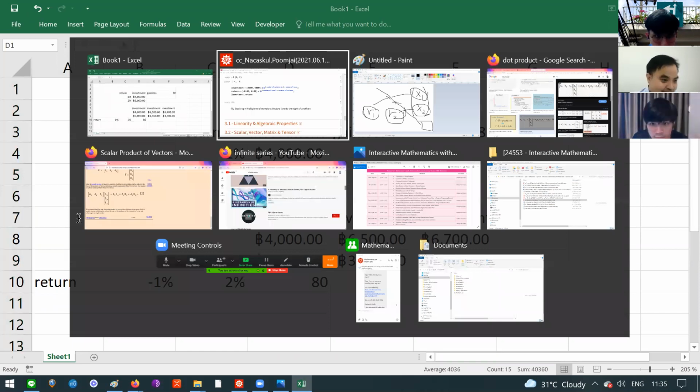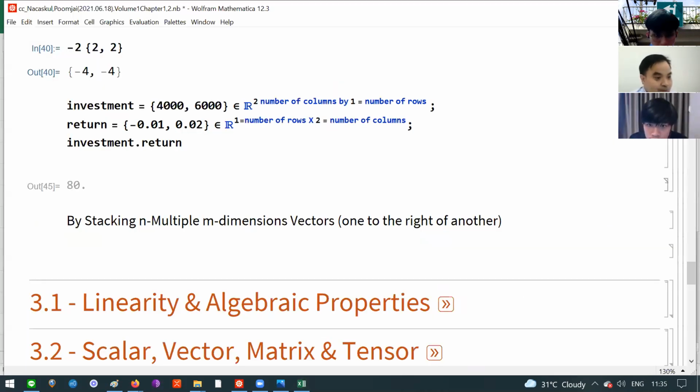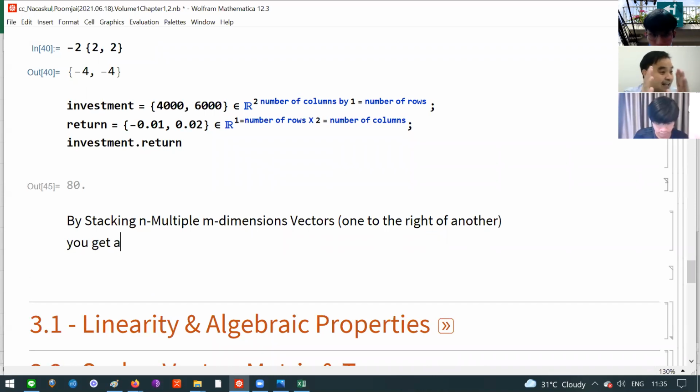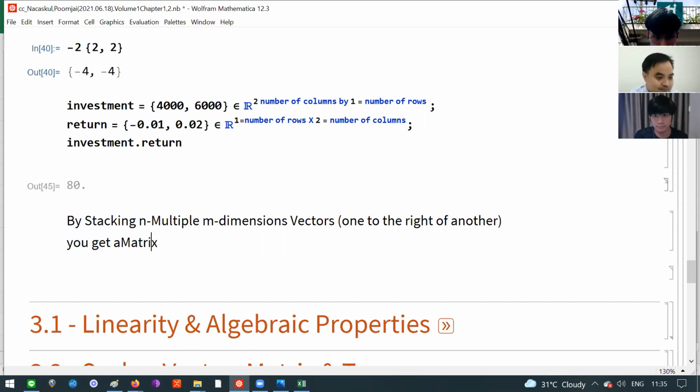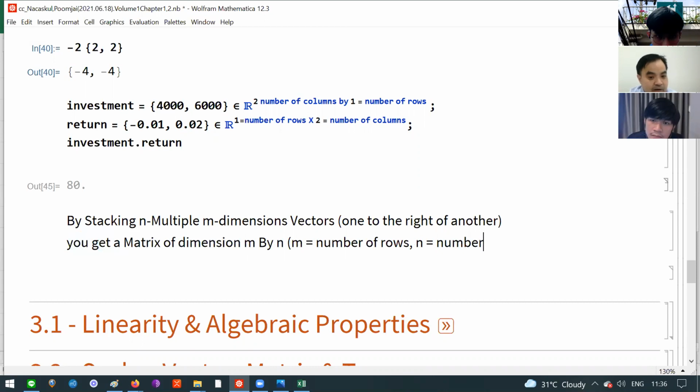It's like fusing these vectors, which I call a matrix of dimension m by n, where m is the number of rows and n is the number of columns.